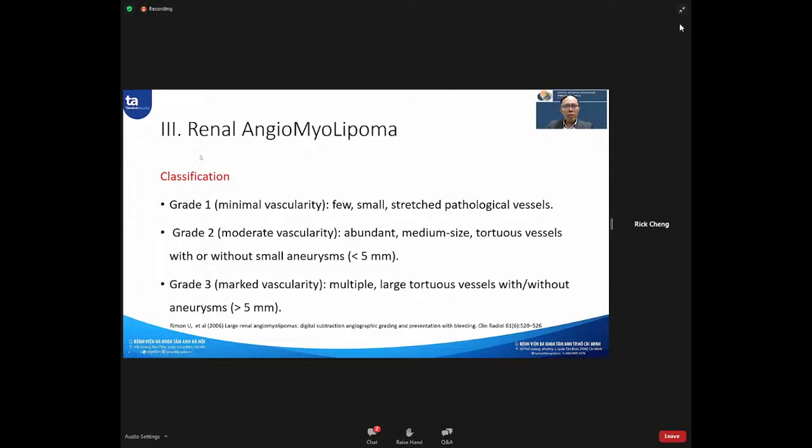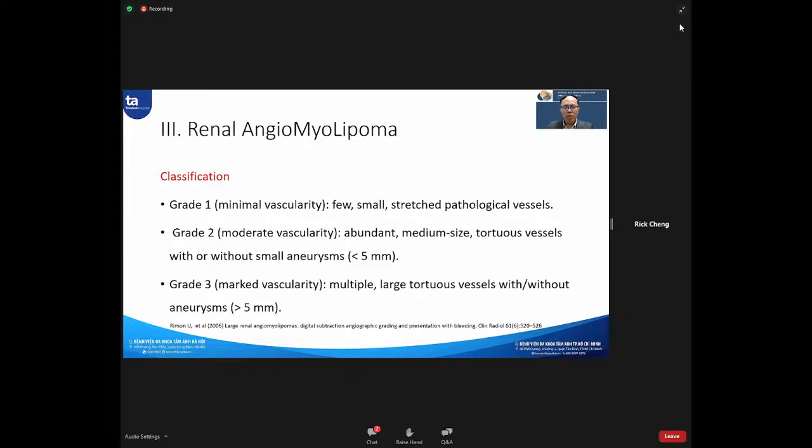So, classification of AML: based on the vascularity inside the tumor, it is divided into three grades. Grade 1 is minimal vascularity, grade 2 is moderate vascularity, and grade 3 is marked vascularity. It also depends on the aneurysm inside the AML.